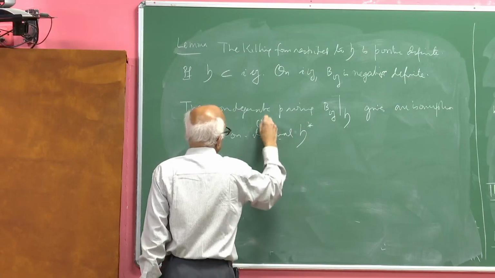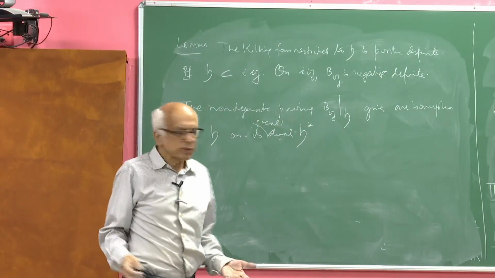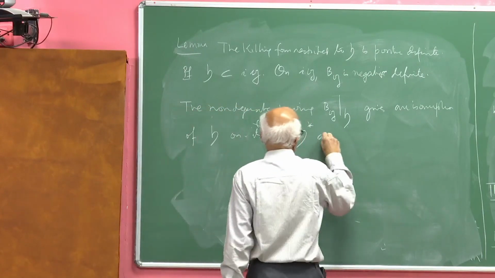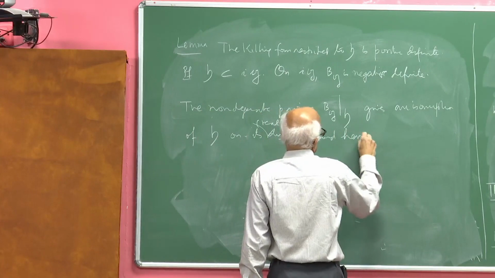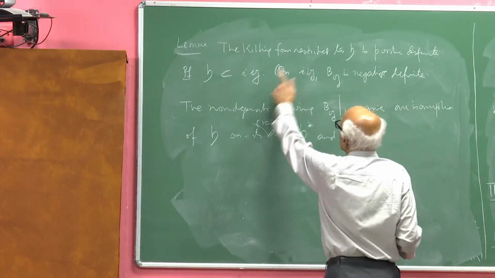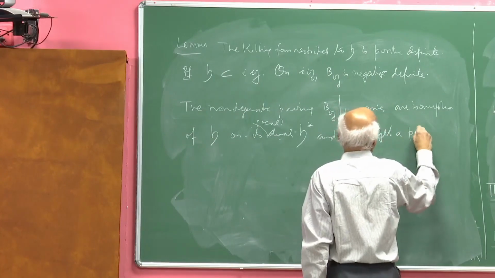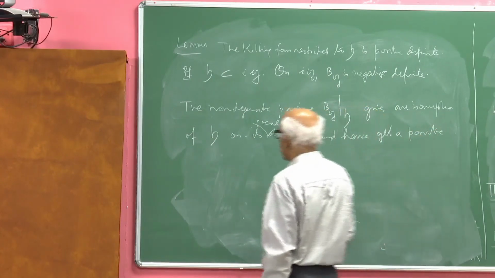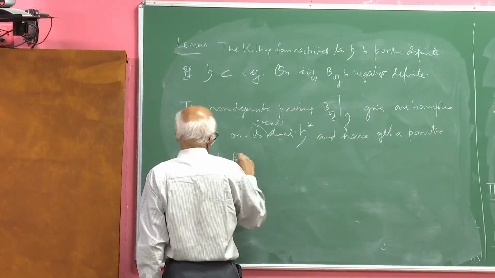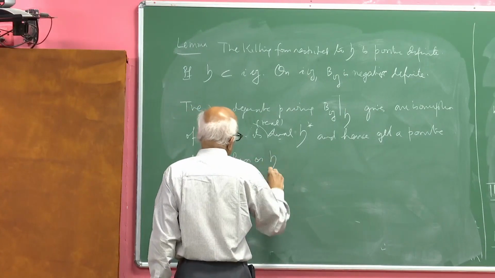It's a real vector space, and it gives an isomorphism. Since the Killing form is positive definite on this, we get a positive definite form on H star.